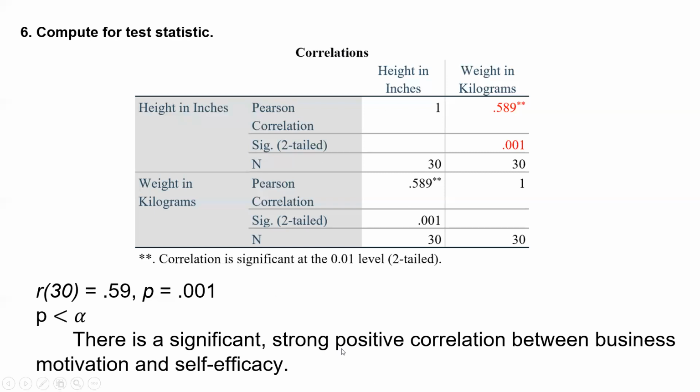Where did you base the positive? The sign of Pearson r. If the sign is not placed, it is already understood to be positive. Again, there is a significant, strong, positive correlation between business motivation and self-efficacy.